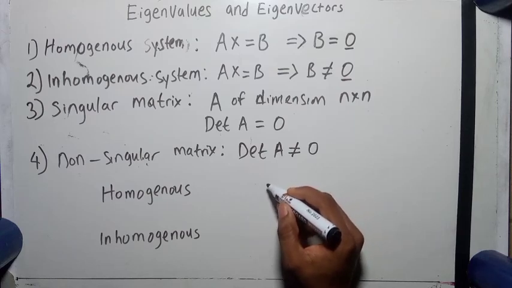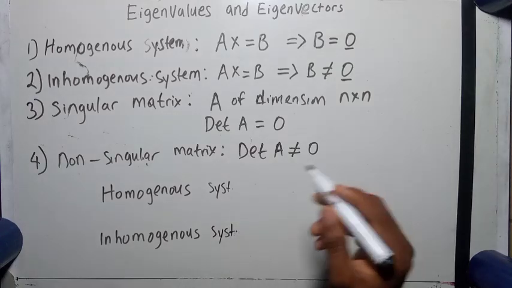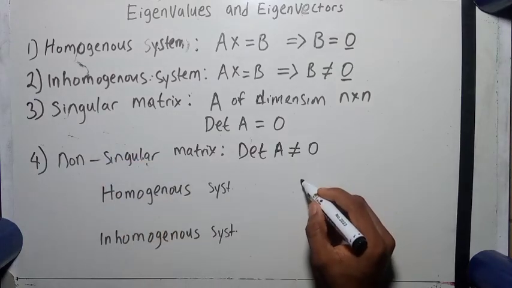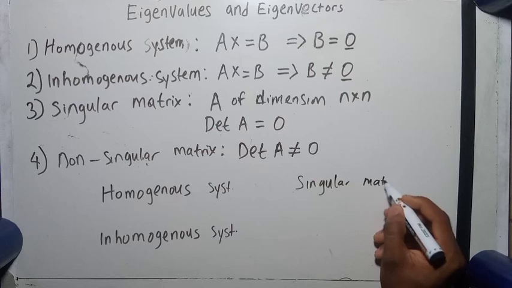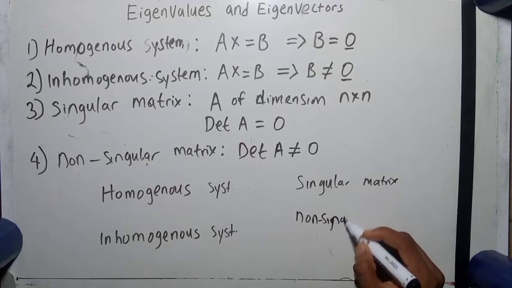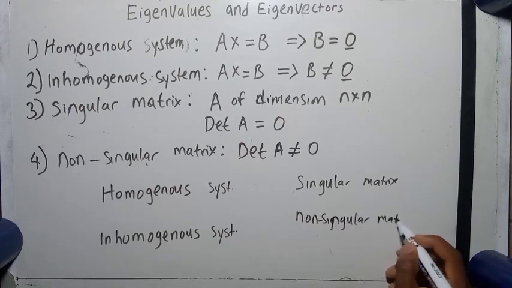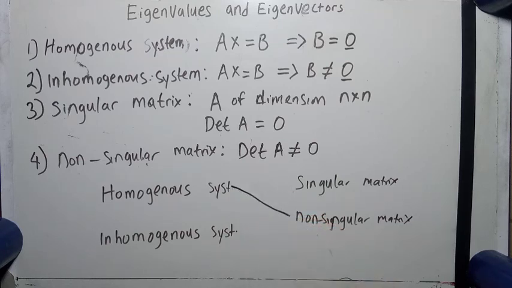For the next one, this is a system, and for the matrix part, now when these two go together, the solution of our x, let me write it somewhere around here.